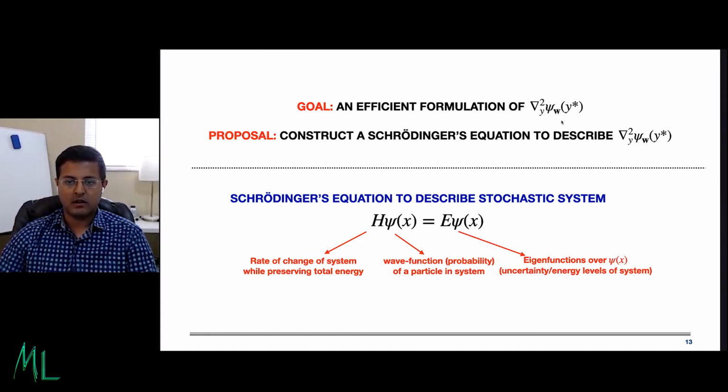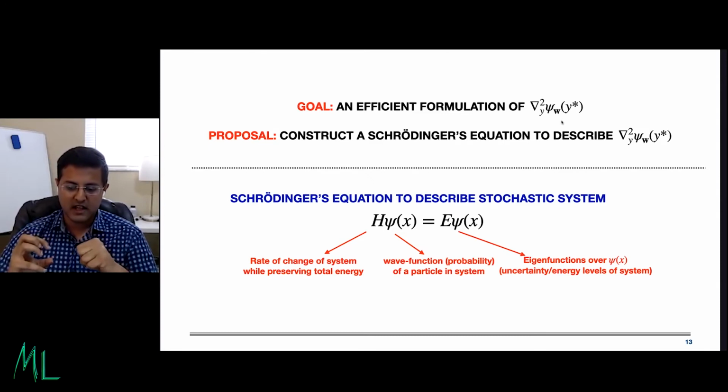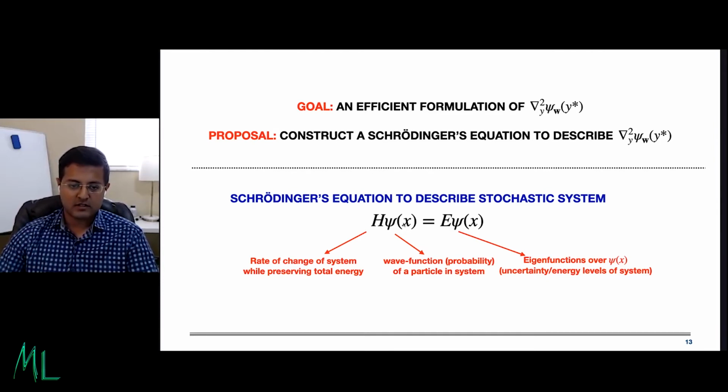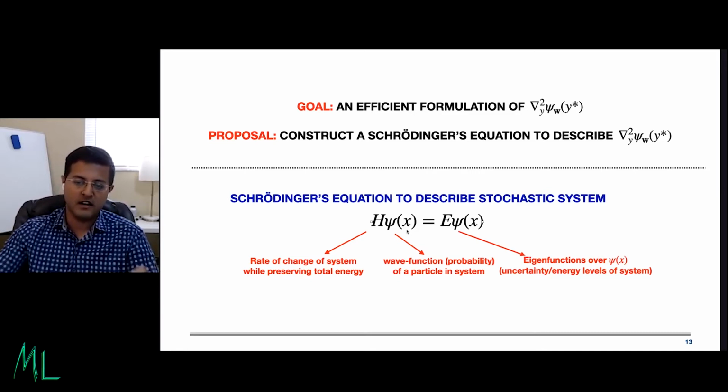Schrodinger's equation is an equation that is very well established in quantum mathematics that uses a set of operators on a stochastic system to determine its dynamics. The stochastic system is determined by the wave function psi of x, which in quantum physics may describe the probability measure of a particle in a field.